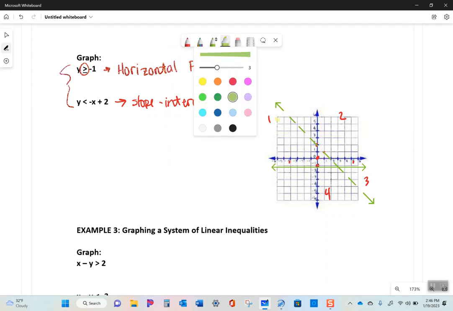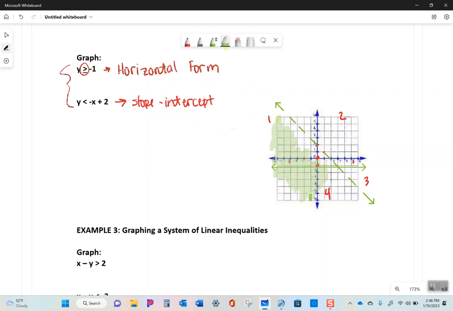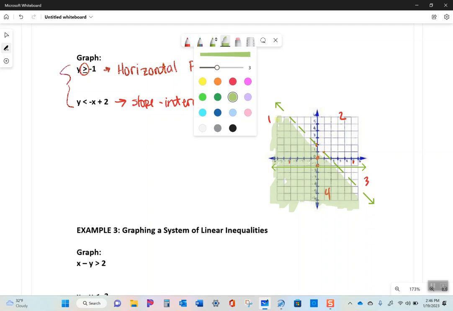Okay, so for my dashed line, we're going to shade it with green, and I'm going to shade everything below it because that's what we decided needed to be shaded. But with my solid line, I'm going to shade it with pink. We decided that everything above it needed to be shaded.